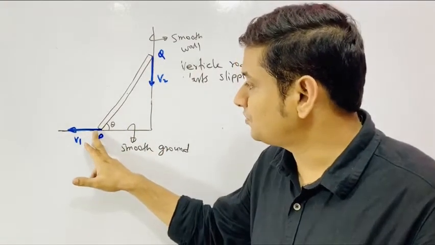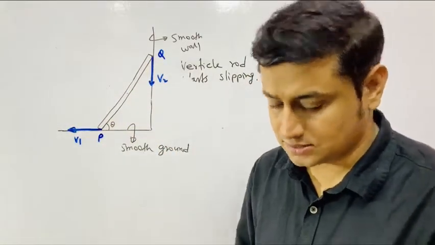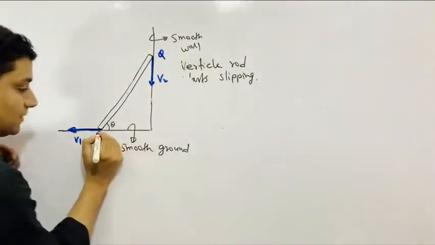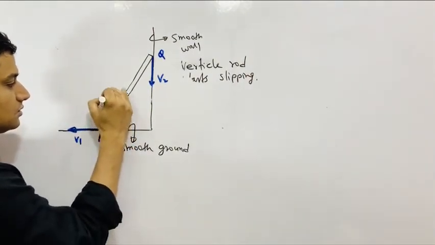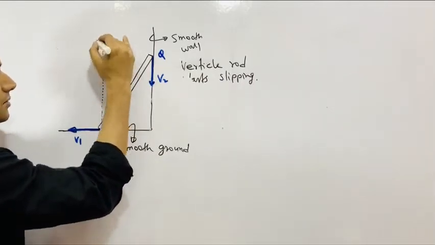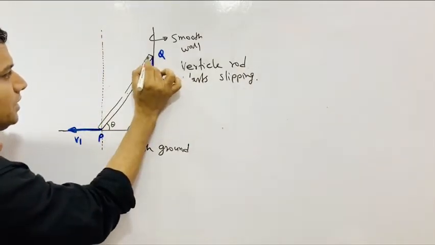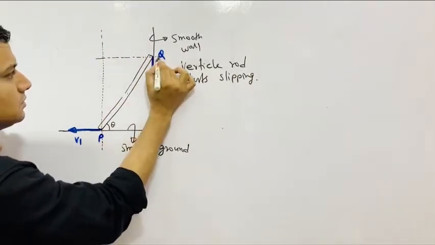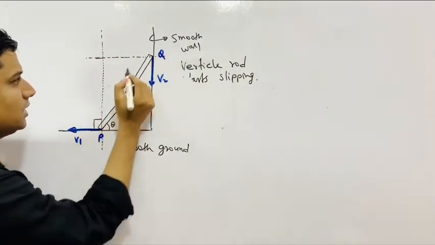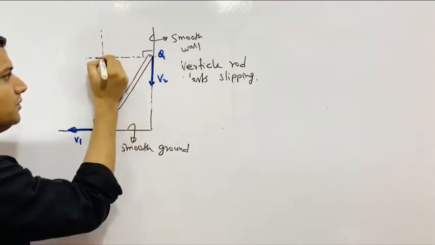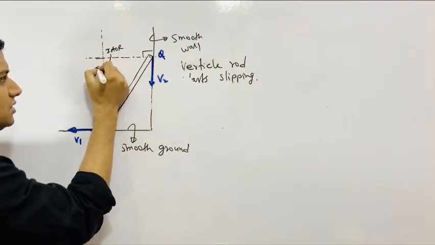Drop a perpendicular at this tail, drop a normal to this velocity, and drop a normal to the other velocity, and let them intersect. They meet here. This is the instantaneous axis of rotation, and this is your angular velocity omega.